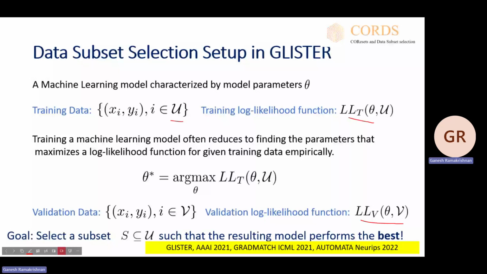But I must tell you, this is very practical. When we actually do this, instead of this objective, we use a first order approximation. Why the first order approximation is helpful and effective, and why it leads to good convergence, there is a lot of theory behind it.